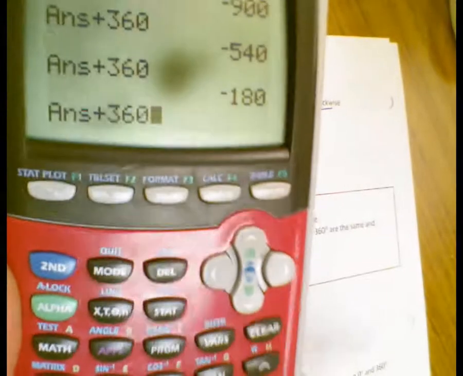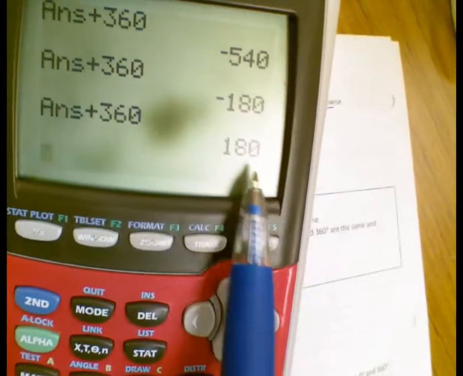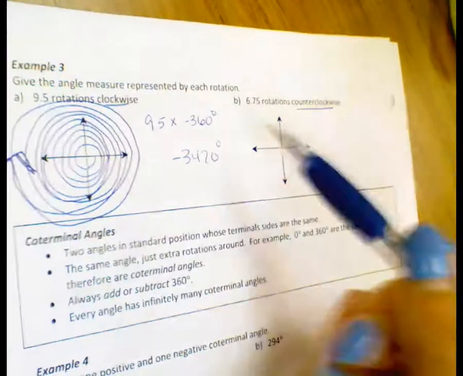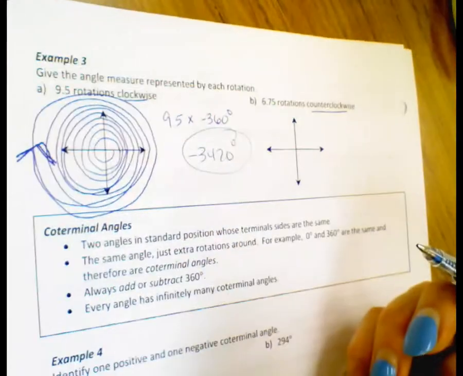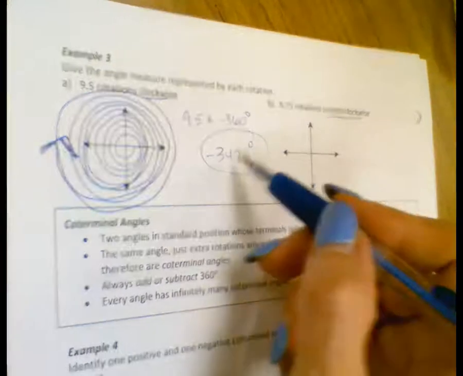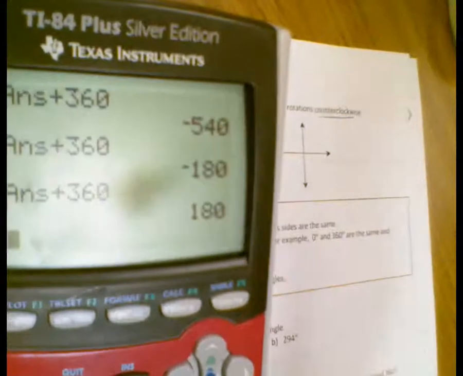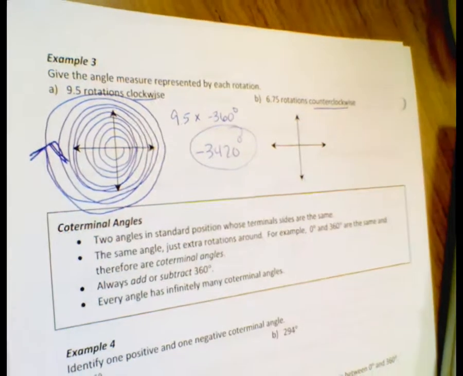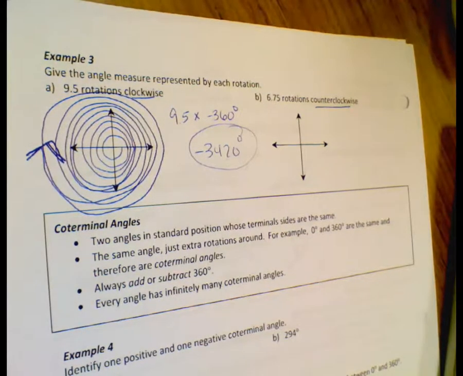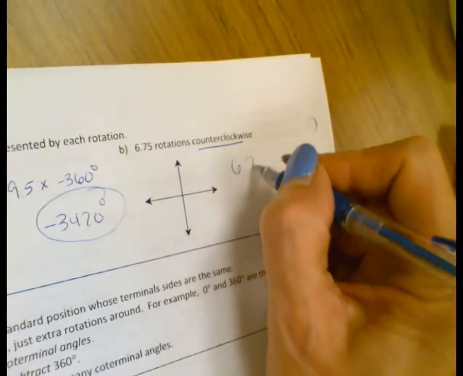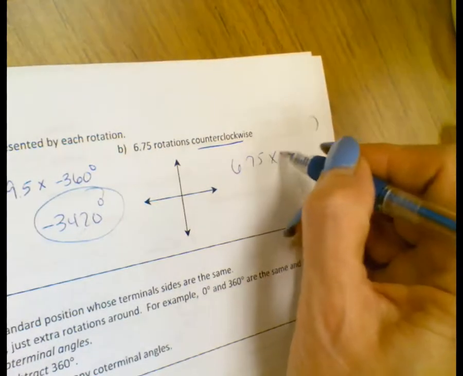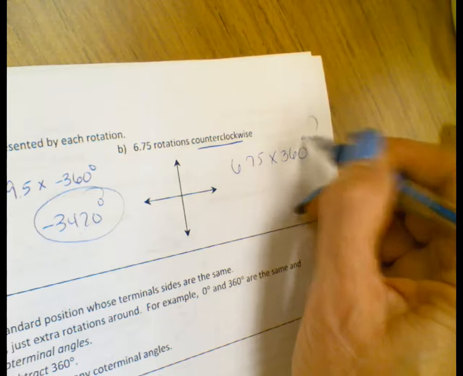It's getting better. And one more. That's 180 degrees. So if I said, where does this land, this negative 3,420, where does it land in this quadrant? You would say it lands on the negative x-axis because that's the same thing as 180 degrees. So negative 3,420 and 180 degrees are called coterminal angles. You can use either one of them to draw it. Okay, 6.75 counterclockwise. So we're going to multiply this by 360 because that's positive.